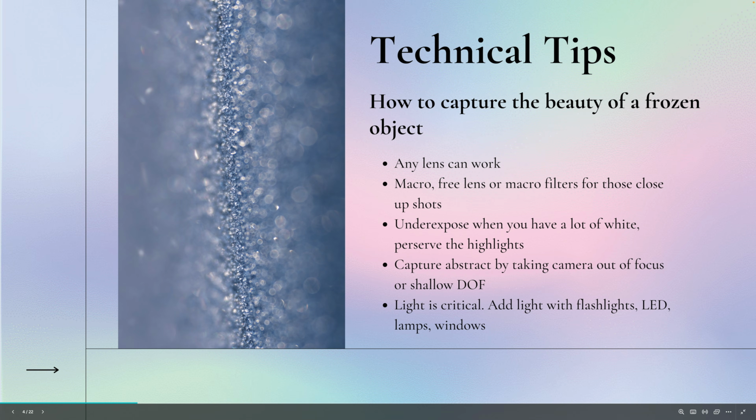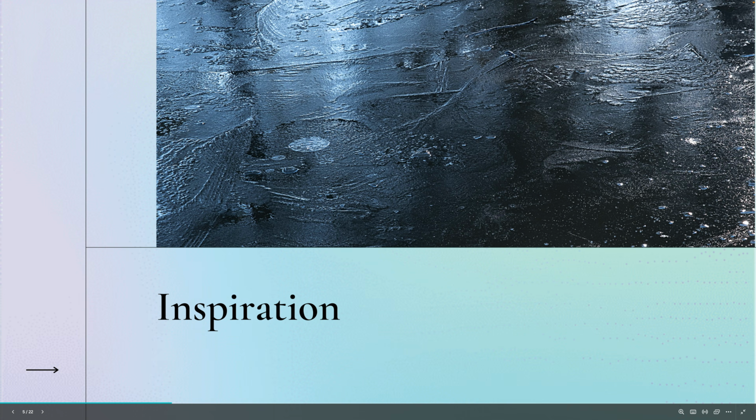You can also capture frozen images abstract by taking the camera out of focus or using a shallow depth of field, like an f4 or 2.8 to get something really abstract or dreamy. Of course, light is critical. So if you're indoors, you can add light. If you're outside, you may have to manage your settings, use a tripod, or try to go out once the sun breaks out and decides to show up on those cold winter days.